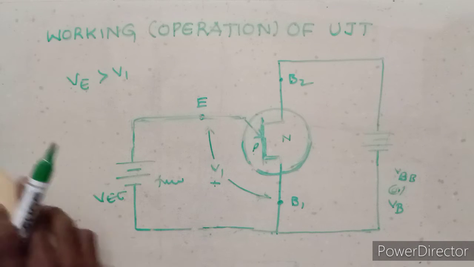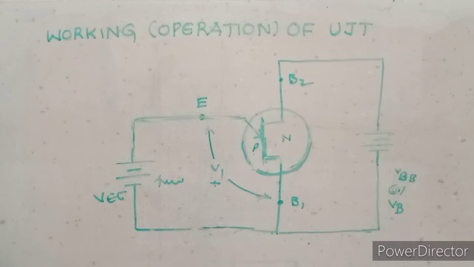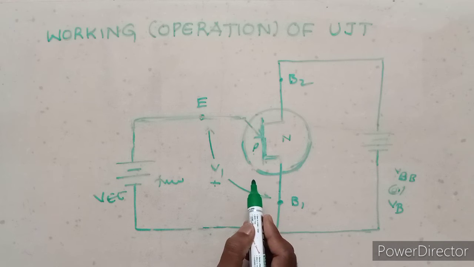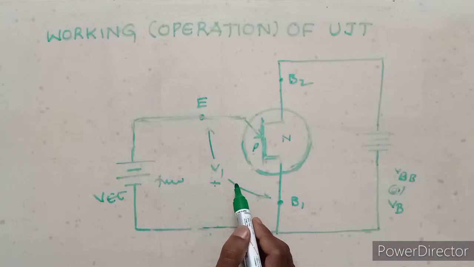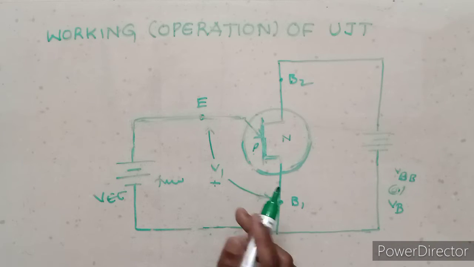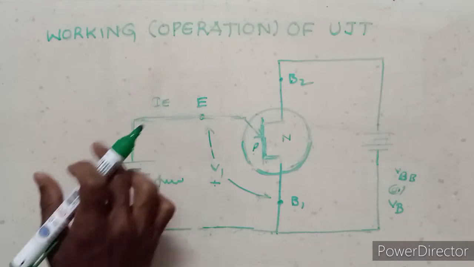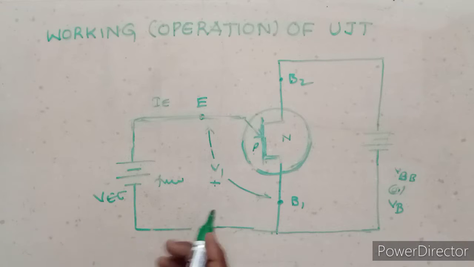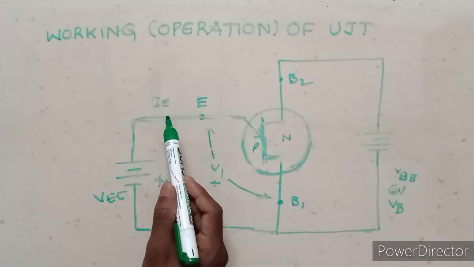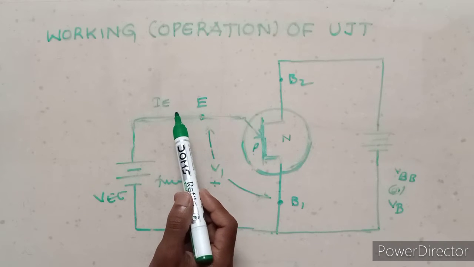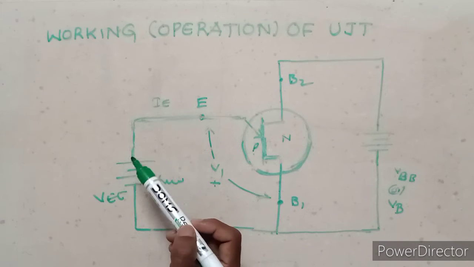Due to this, the resistance is decreased and the emitter current IE increases, because when the resistance decreases, the current increases.